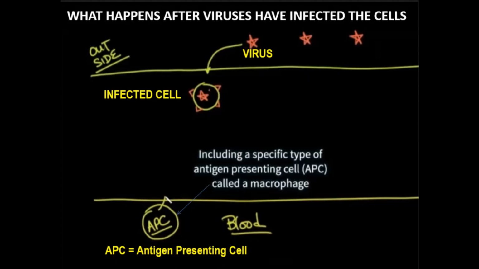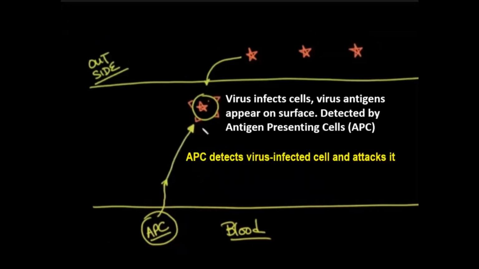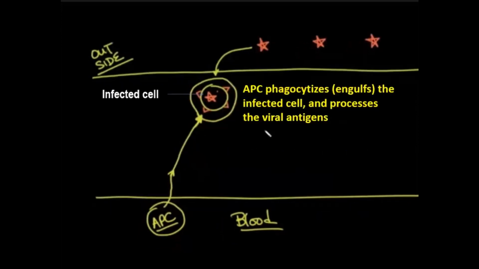So then it will receive signals and will go towards the infected cells, and then engulf the cell, okay? One signal it receives is because the infected cells will have the viral component, the antigens, on its cells, so that's how the APC will recognize, and it will eat up, or engulf, or phagocytize the infected cell, and then it will process the viral antigens for the next step.